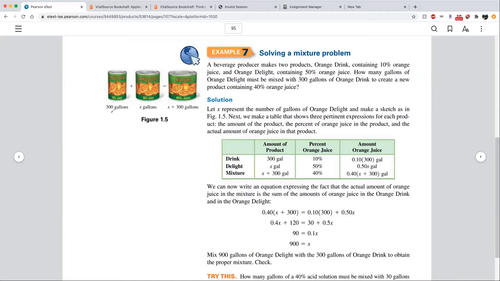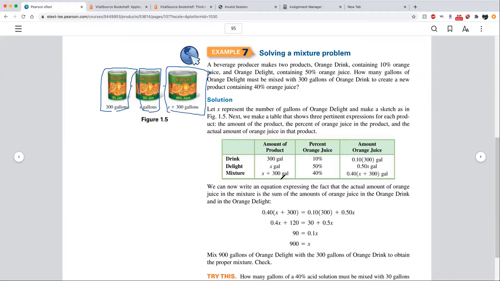So this is orange drink, and that is orange delight. Okay, we want to mix them to get a new product containing what, 40% orange juice. Okay, so now let's see the table right there.